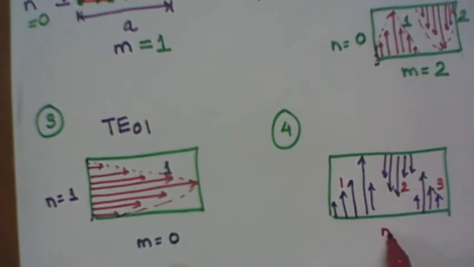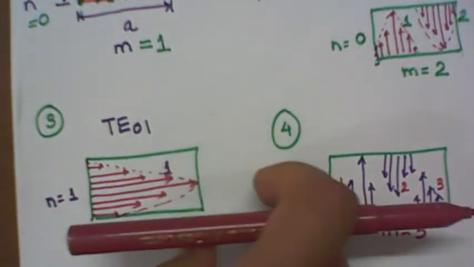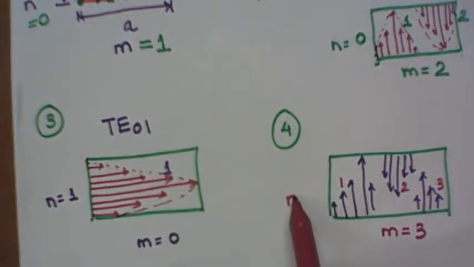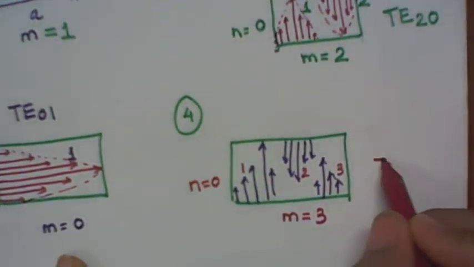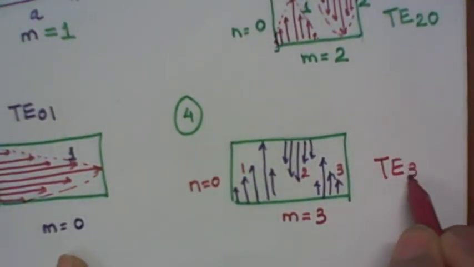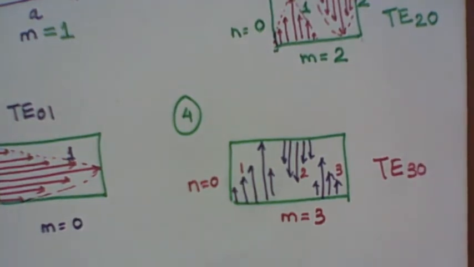And all of this we are observing along the broader dimension. So I represent M equal to 3, but I cannot see any variation along the narrower dimension, so I represent N equal to 0. So this mode is called TE30 mode. Okay, I represent this mode as TE30 mode. Fine.